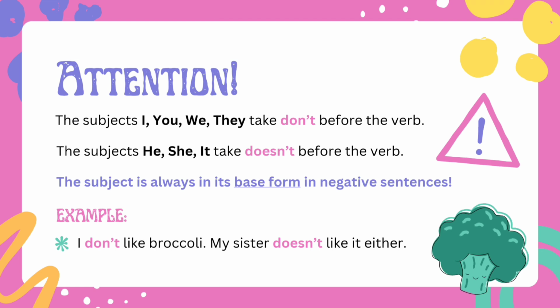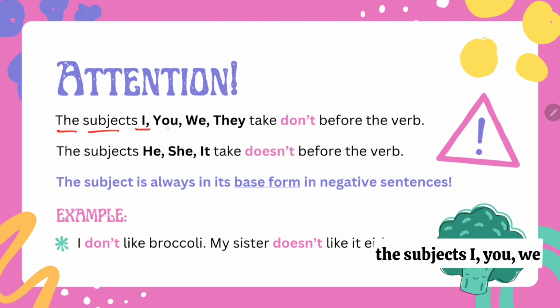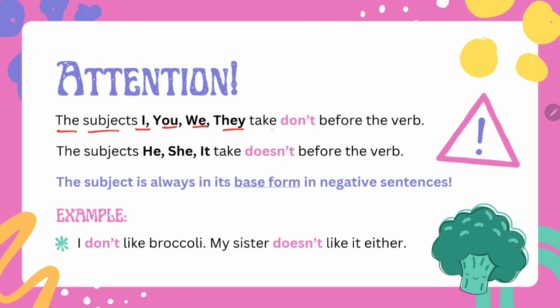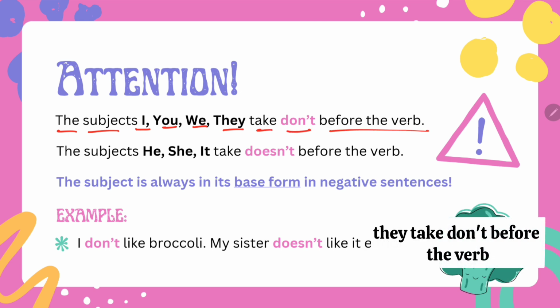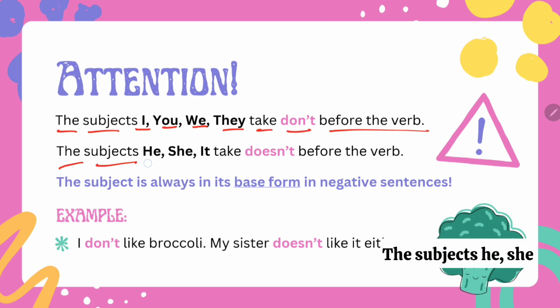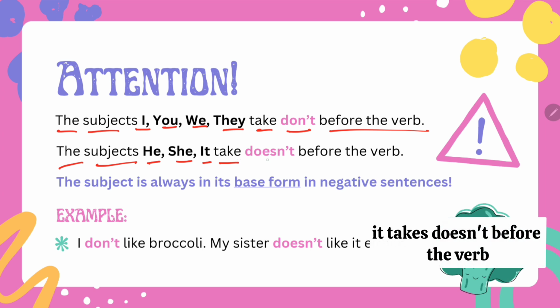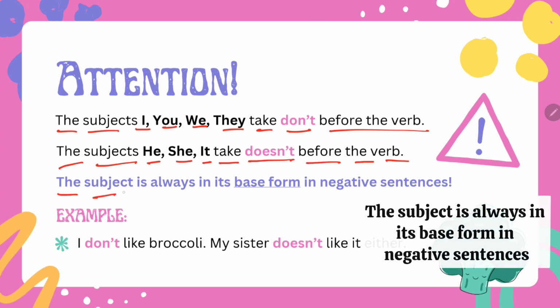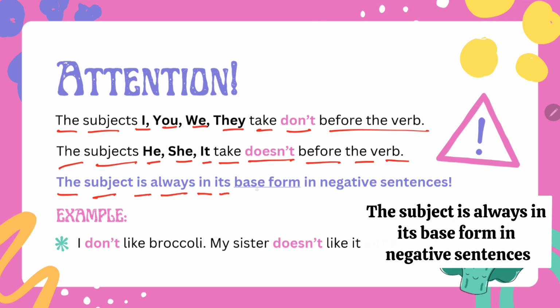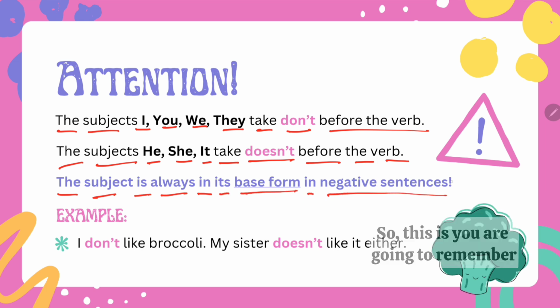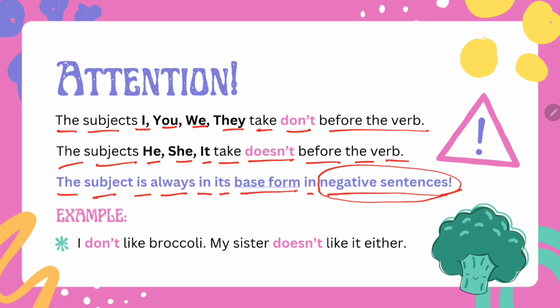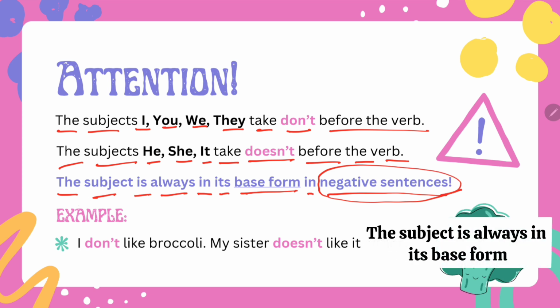Now, the subjects I, you, we, they take don't before the verb. The subjects he, she, it take doesn't before the verb. The verb is always in its base form in negative sentences. So this is what you are going to remember. The verb is always in its base form.